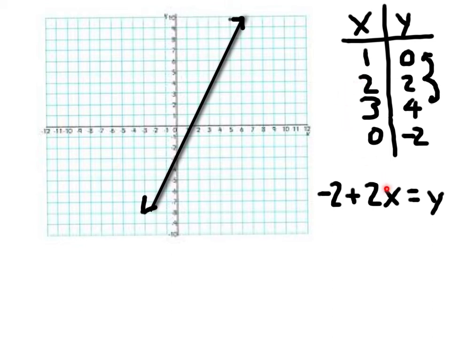When x is 2 here, 2 times 2 is 4. 4 minus 2 does give us 2. And when x is 1, 2 times 1 is 2, plus negative 2 is 0. Now another way we could have written that is y equals 2x minus 2. And that's our equation for this line.